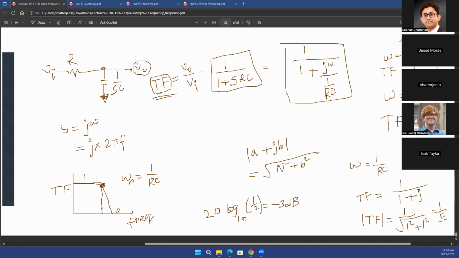As you saw over here. The frequencies for which the transfer function will become infinitely large, that is generally called a pole. On the other hand, the frequencies for which your transfer function becomes 0, that is generally called a 0. So in this case, your pole frequency is going to be 1 over RC.